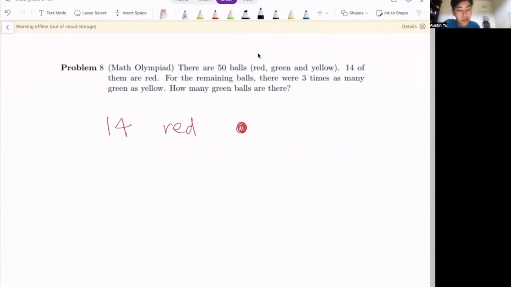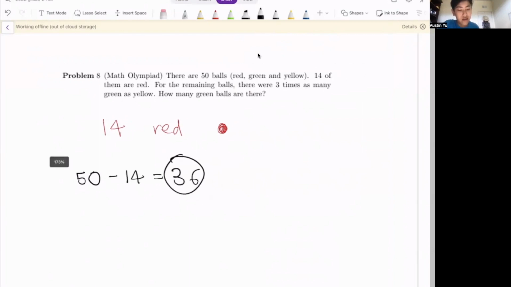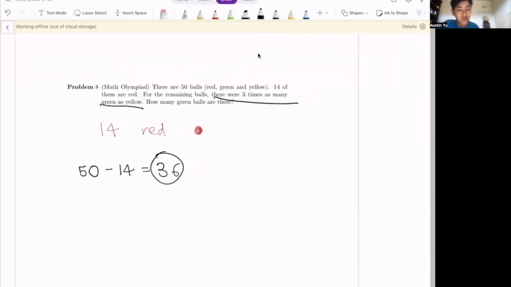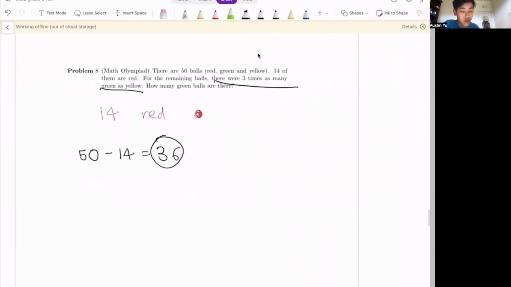So from here in black, we can just subtract 14 from 50 since that's the total. And that just gives us 36. So it's 36 left. And then for the remaining balls, there are 3 times as many green as yellow. So we can just do 36 divided by 4 equals 9.